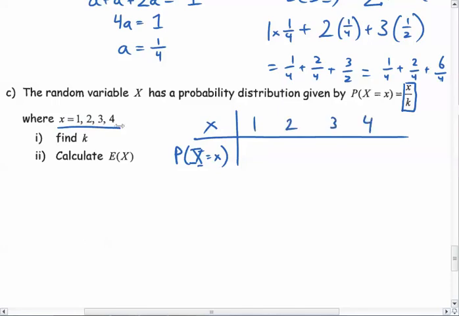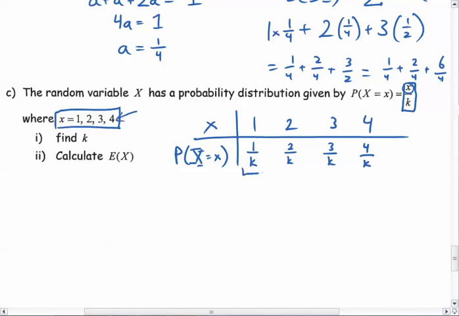And then it represents all the possibilities. Now my p of x is the little number x divided by k. So that would be 1 over k, 2 over k, 3 over k, and 4 over k.